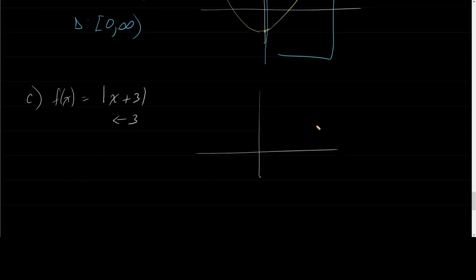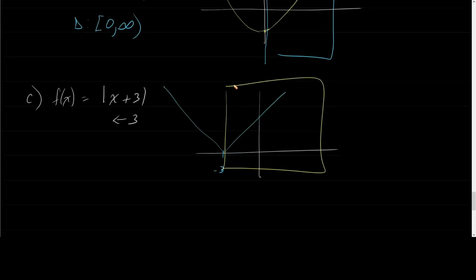Let's say that this value right here is -3. So again, take this piece. The domain is going to start from -3, including -3, and go all the way up to infinity. So that's what you can do there.